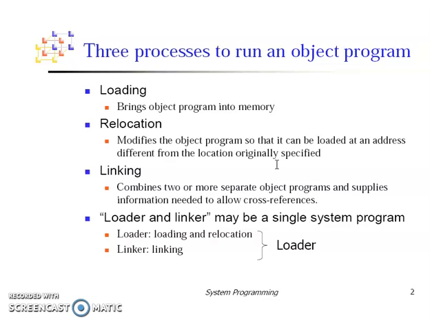Linking combines two or more separate object programs and supplies the information needed to allow cross references between those object programs. These are the main processes done in order to execute any object program.